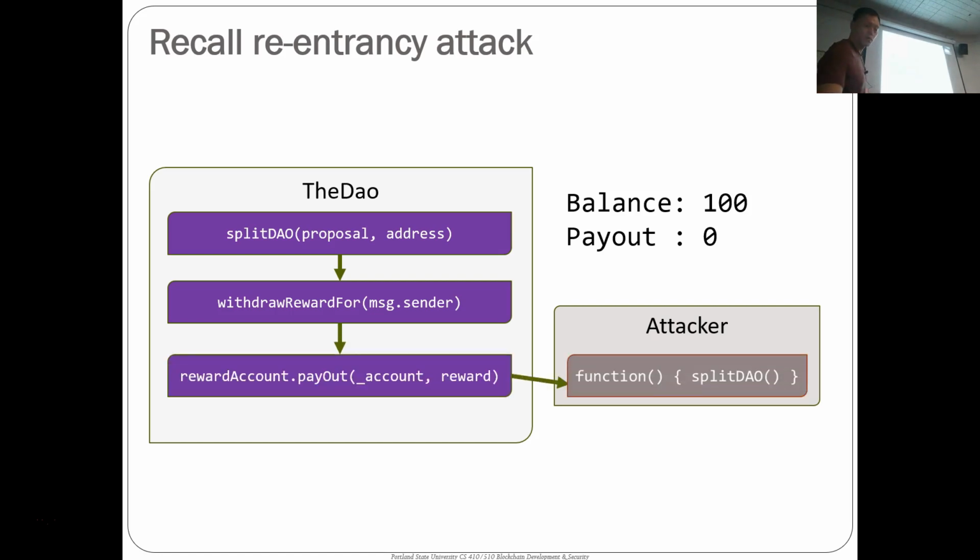And then by paying out this amount, the attacker's fallback function will then recursively call that call again. So we want Manticore to automatically do this, which is no small feat.